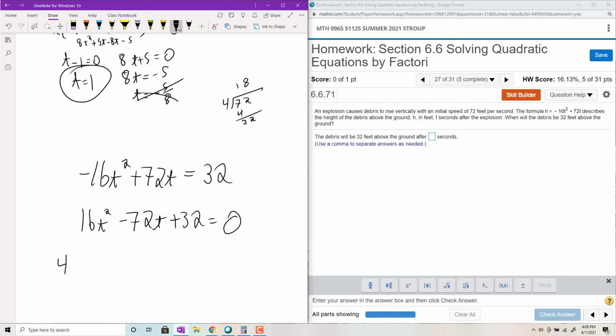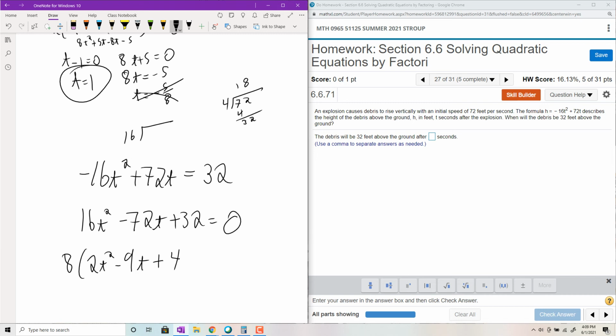Can I factor out an 8? Sure seems like it. And can I factor out 16? Does 16 go into 72? I don't think so. So let's just factor out the 8, and then maybe we'll see if we can factor out more. 2t squared minus 9t plus 4.